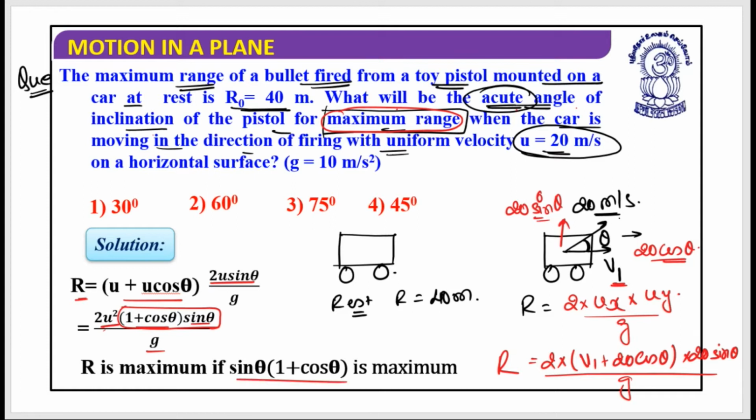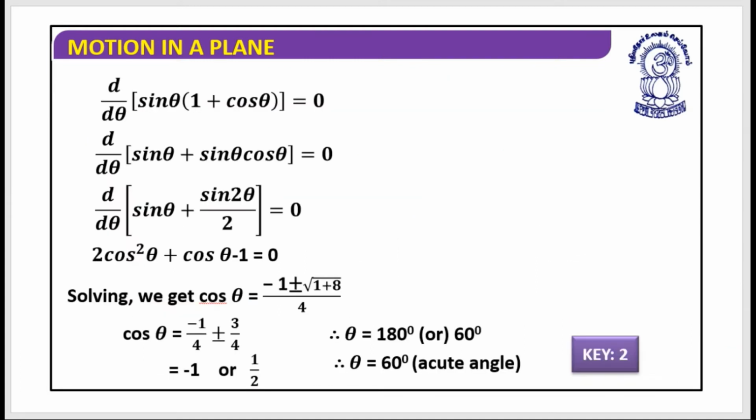So this is to be maximum, and we need to find the value of the angle at which sin theta into bracket 1 plus cos theta has a maximum value. For that I need to use the concept of maxima and minima. So d by d theta of sin theta into bracket 1 plus cos theta needs to be 0. So this is d by d theta of sin theta plus sin theta into cos theta equals 0.